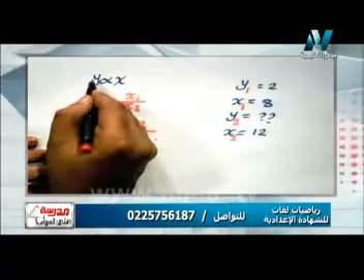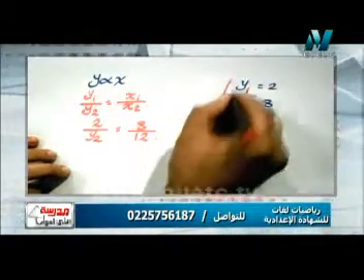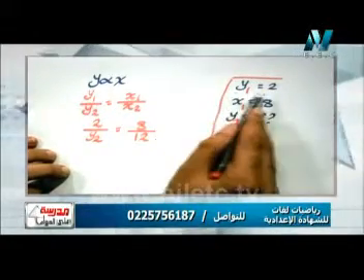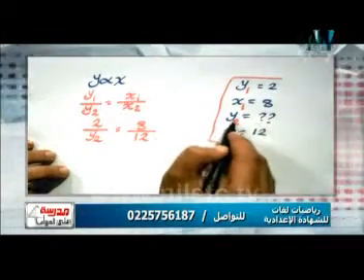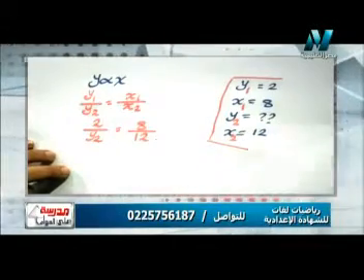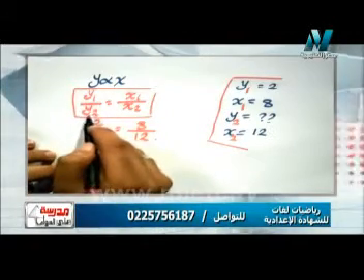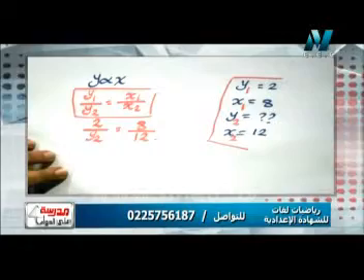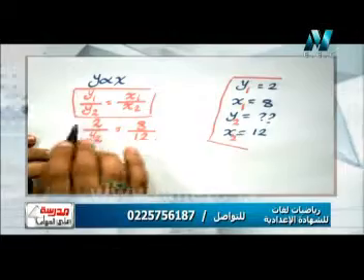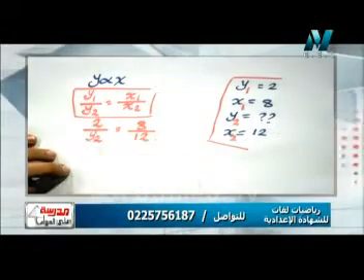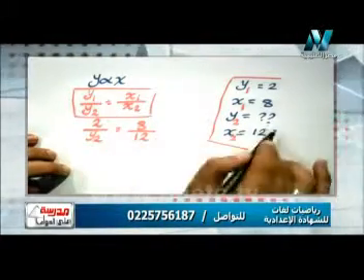Again, we have y varies directly as x and the given y1 equals 2 when x1 equals 8, and we want to find the value of y2 when x2 equals 12. We put the rule y1 over y2 equals x1 over x2 and replace: 2 over y2 equals 8 over 12.